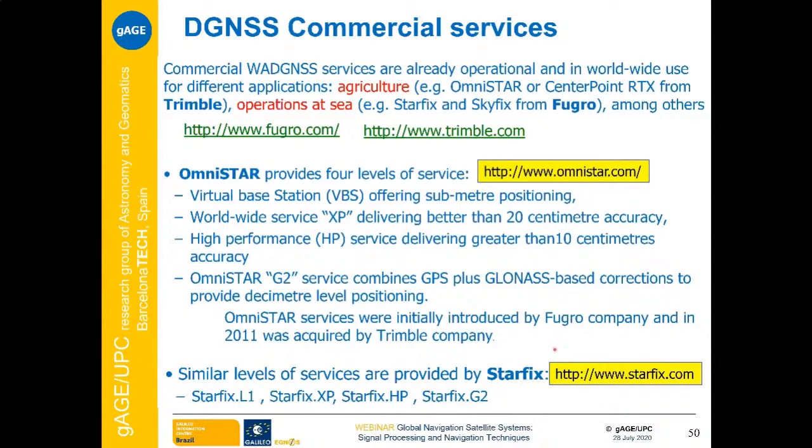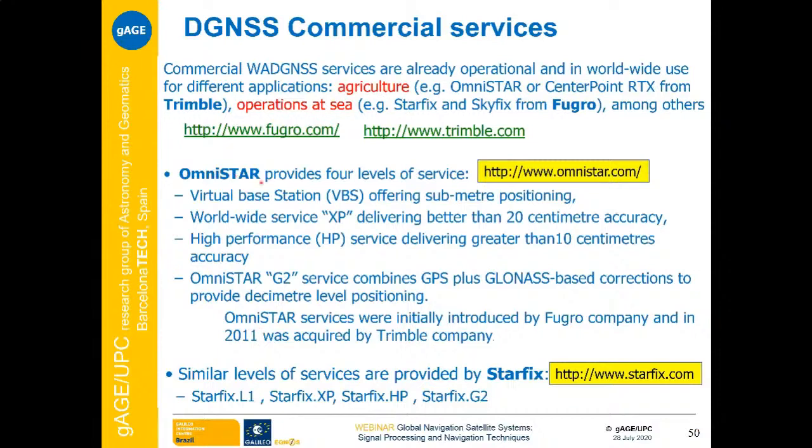There are several service providers. Here we have Trimble and Fugro as an example. Trimble is more devoted to agriculture, and Fugro is devoted to operations at sea. And they have similar products.